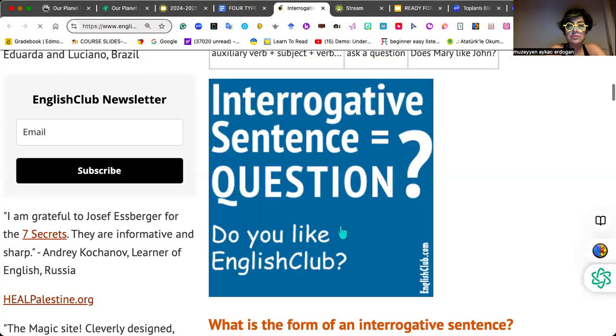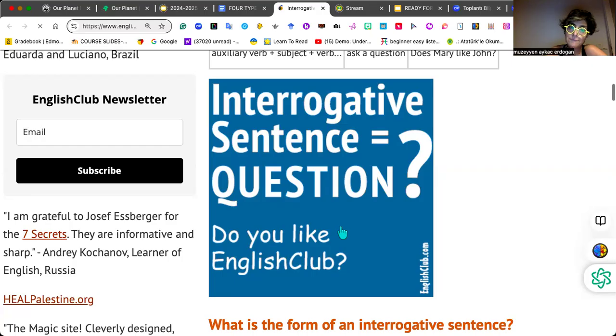Her konu anlatımından sonra sonunda da there is a mini quiz, okay? There are lots of information related to the sentence type, as you see here. Sentence diagram, interrogative sentences, exercises, grammar and diagramming sentences. There are lots of things here.